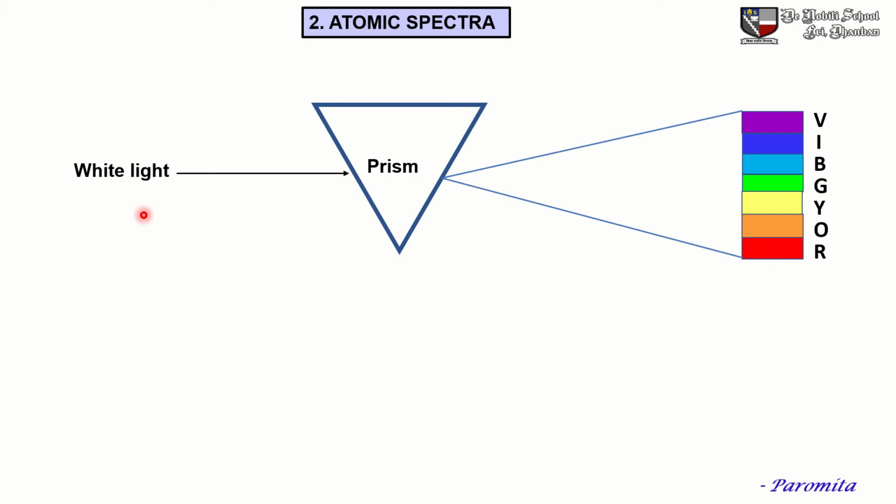If a gas is heated, it emits light. When this emitted light is analyzed in a spectrometer, the spectrum obtained consists of a series of well-defined sharp lines, each line corresponding to a definite wavelength or frequency. These line spectra are characteristics of atoms.